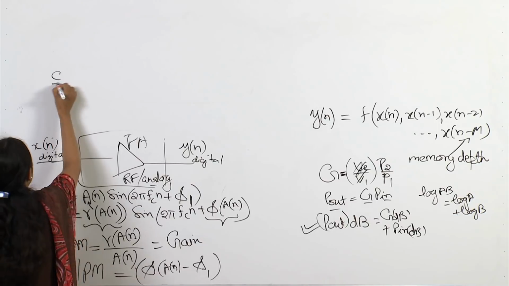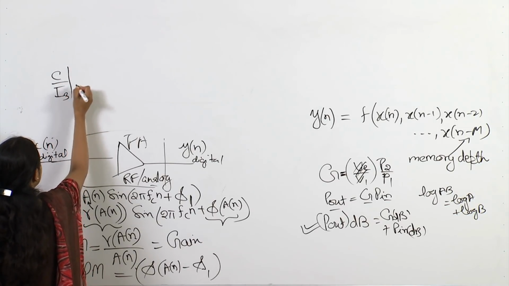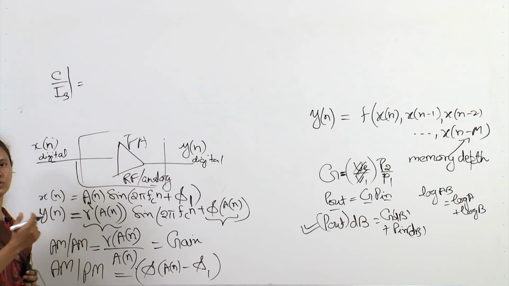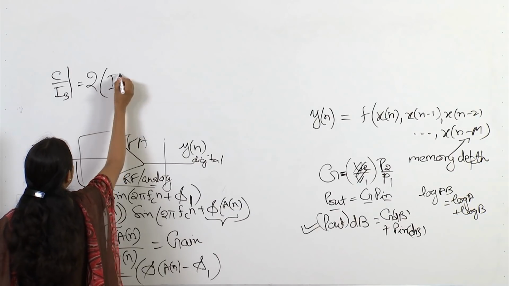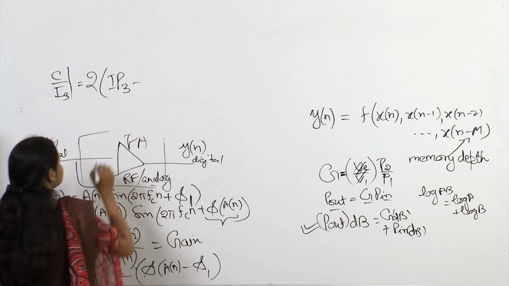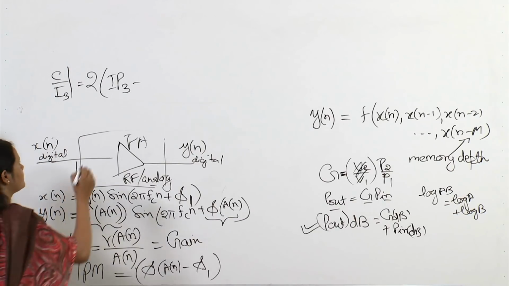So, C by I, which is C by IMD3 basically, is given by twice of the third order intercept IP3 minus your output power in dBm.